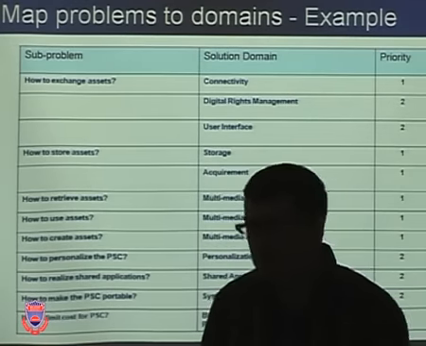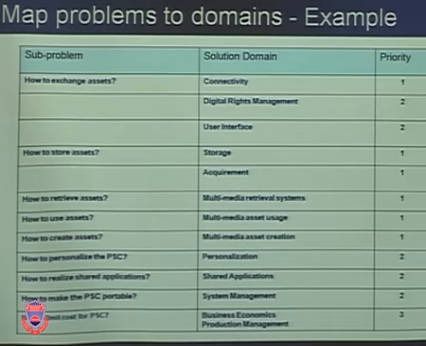So we have a problem, for example, how to exchange assets. Typically, to solve that problem, we need to look at connectivity and digital rights management plus user interface. This was done in the project like this. How to store assets, the solution domain is storage, acquirement.